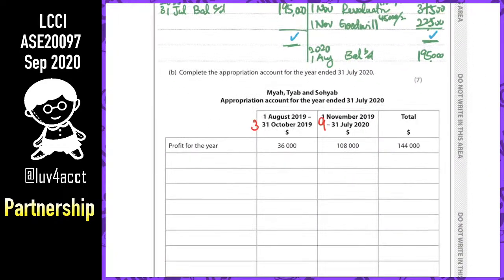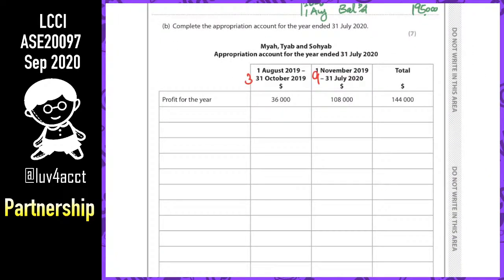So next one, the appropriation account. Again, I will write all the things before I work on the actual calculation. So appropriations here, not many things to appropriate.